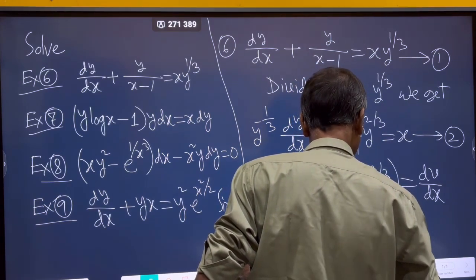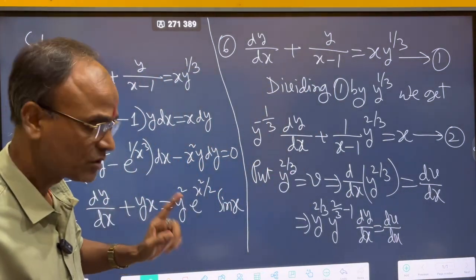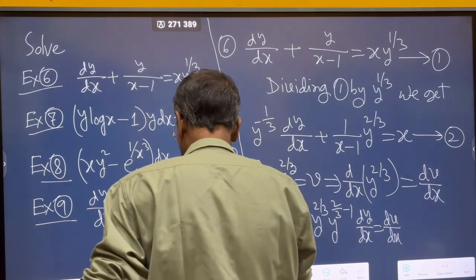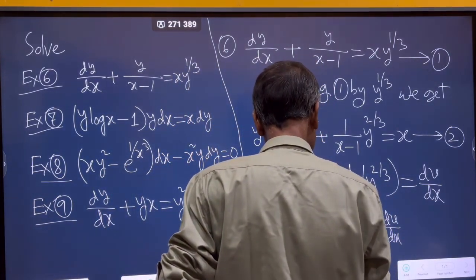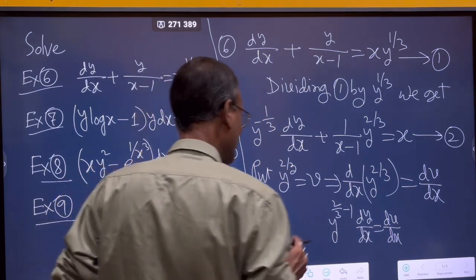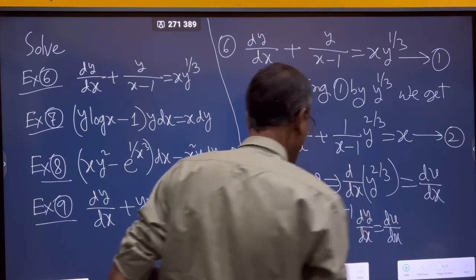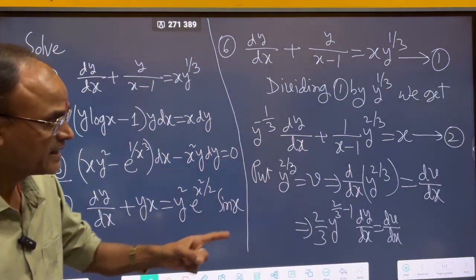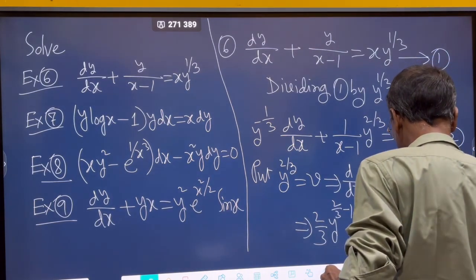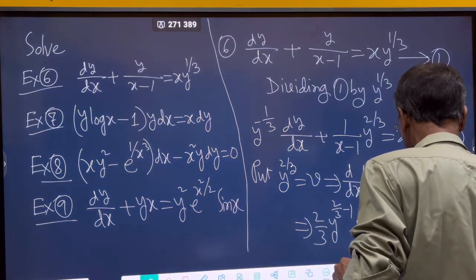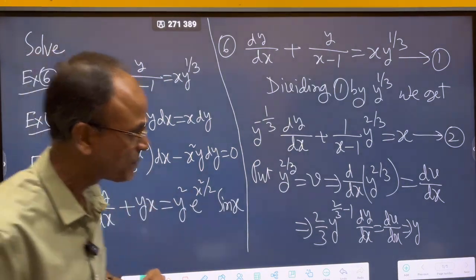Now y to the power (2 by 3 minus 1) is y to the power minus 1 by 3.